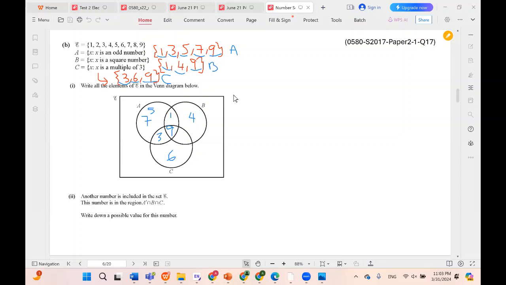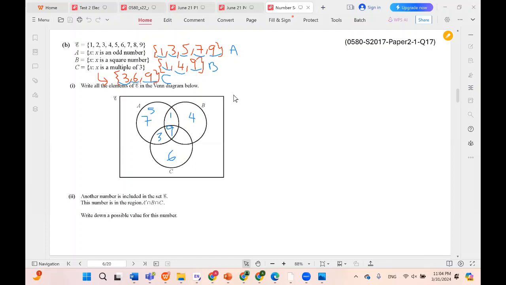In double I, we are told another number is included in the universal set. This number is in the region A complement intersects B intersects C. Write down a possible value for this number. So A complement means everything outside of A. So let's just color A like this.